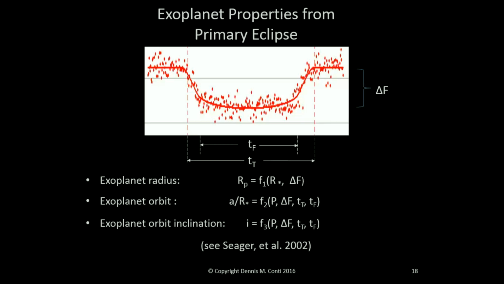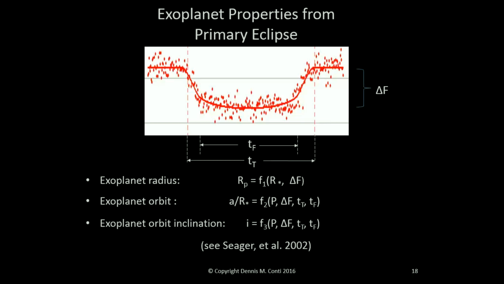So the orbit of an exoplanet, knowing our star, one can determine a. And finally, the inclination of an exoplanet's orbit, or small i, is a function of the period, the change in depth, and again, the duration of the light curve and the duration at the bottom of the light curve.